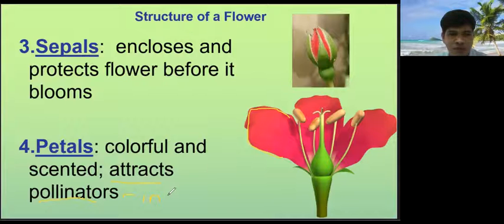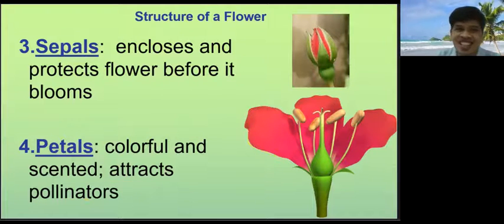What are those insects? For example, what do you know? Pollinators are insects that could bring the pollen from the anther to the stigma.